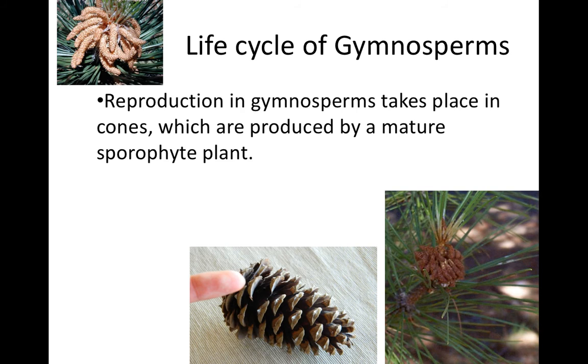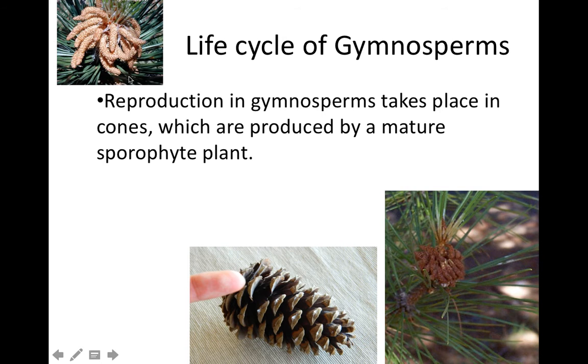These are where cones are involved. Gymnosperms actually produce a couple of different types of cones, and they're produced by the mature diploid sporophyte plant. Most of our examples in this set of slides are going to be conifers like pine.